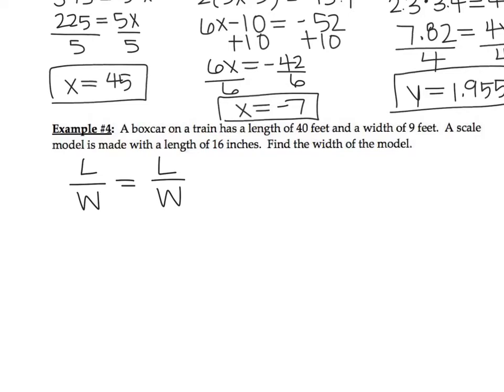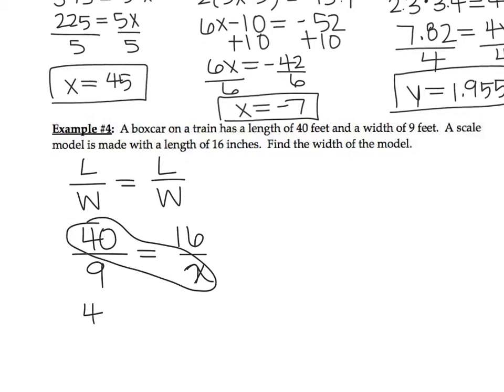All right, so using this information, I know that the current length is 40 feet over the current width of 9, and when I set that equal to my scale, it has a length of 16 inches, but we're trying to solve for the width, so that would be our variable x. And then we're going to use cross products to help us solve. So we're going to multiply across. So we're going to do 40 times x.